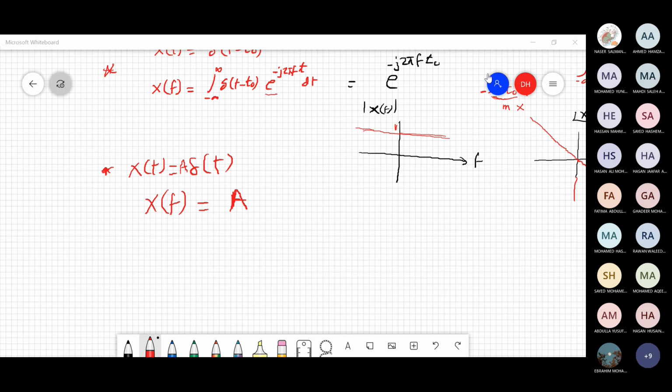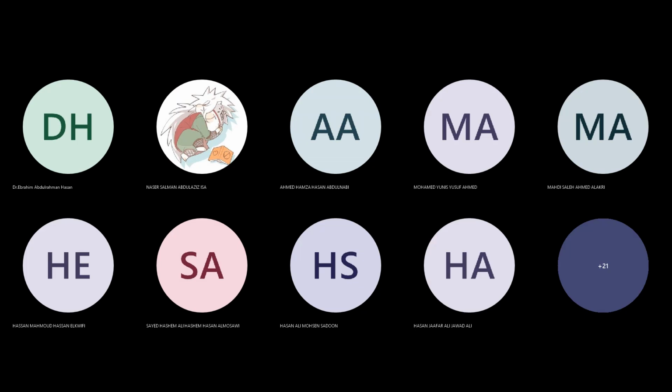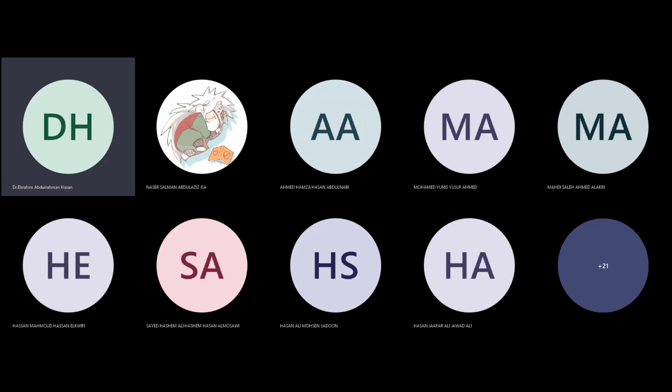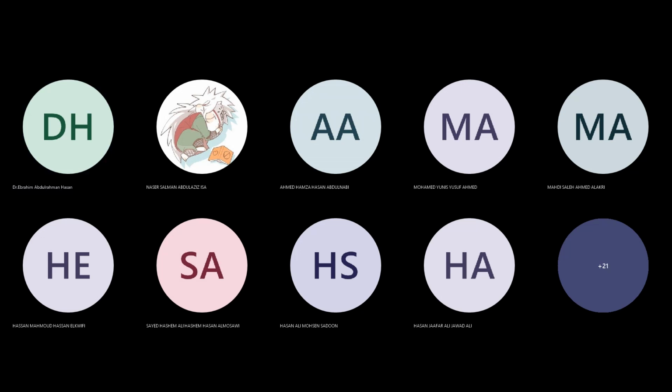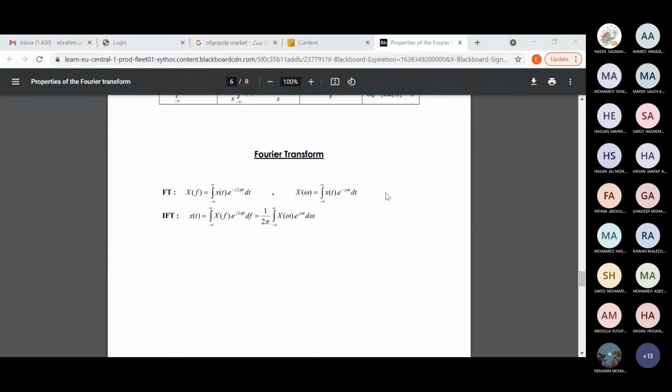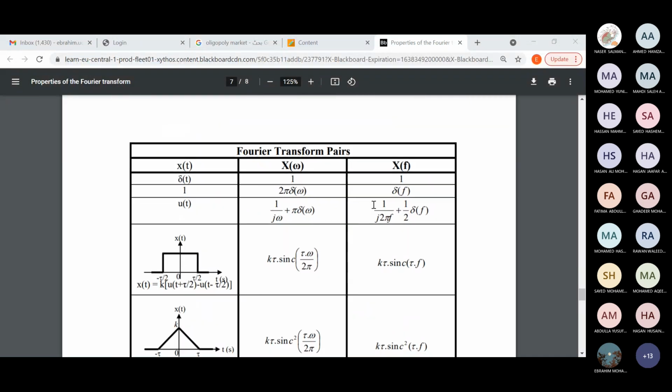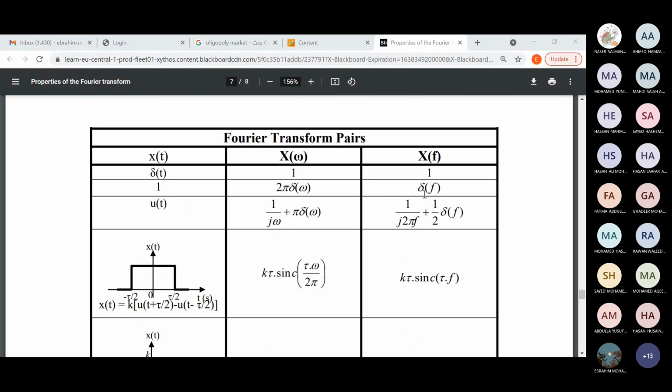Okay, this is the formula sheet here. So we have a table. We call it the Fourier transform table.